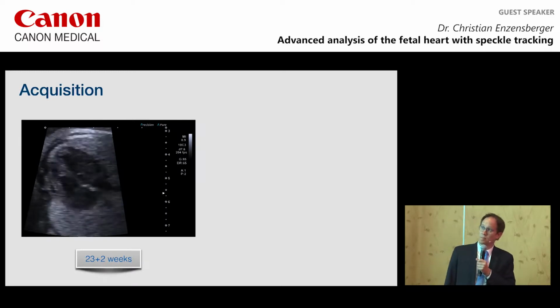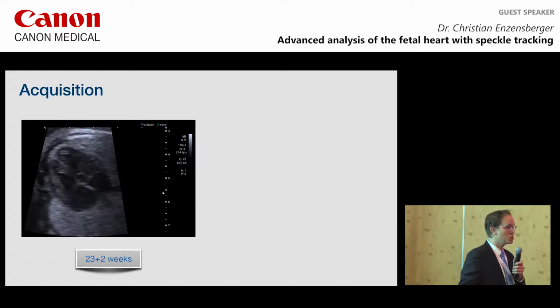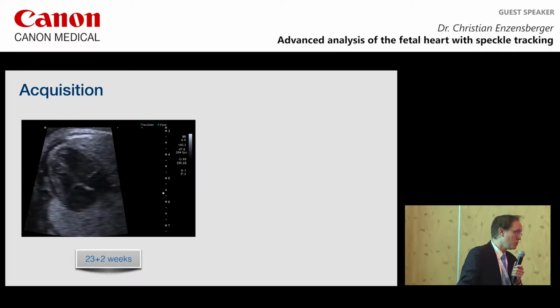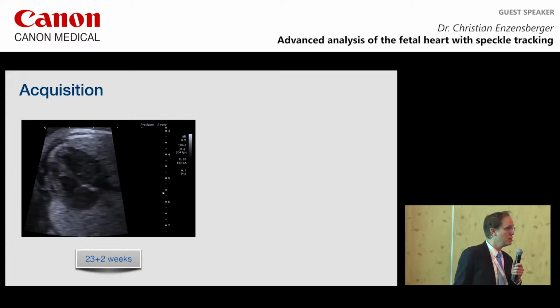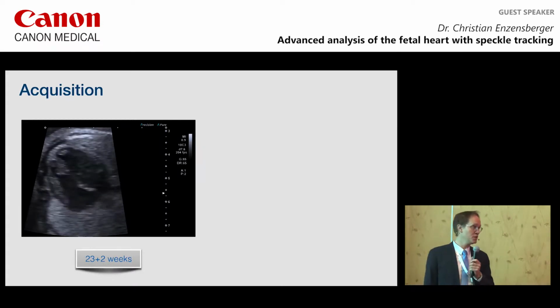So, for the four-chamber view, as you can see here, now we have the problem because this is a tool which is normally based on experience in adult echocardiography. We have the problem of a missing ECG. We cannot get the ECG of the fetus.